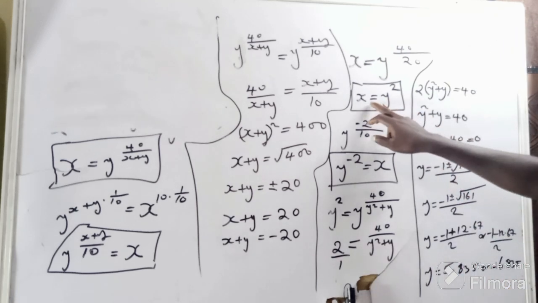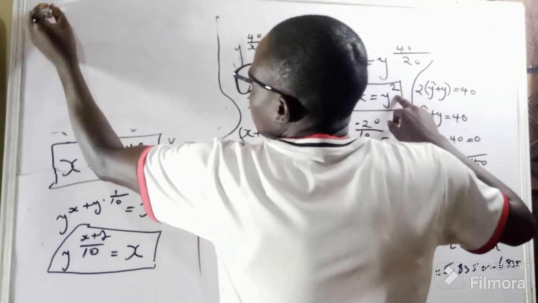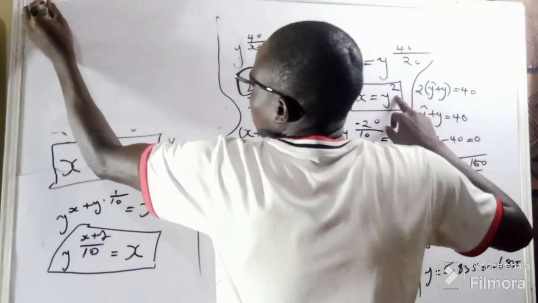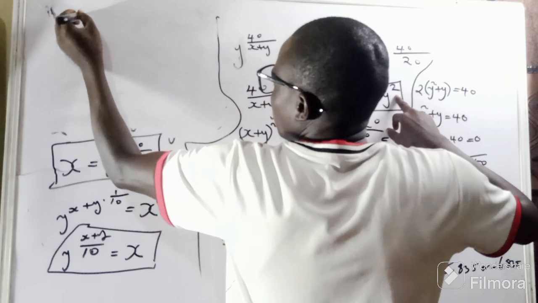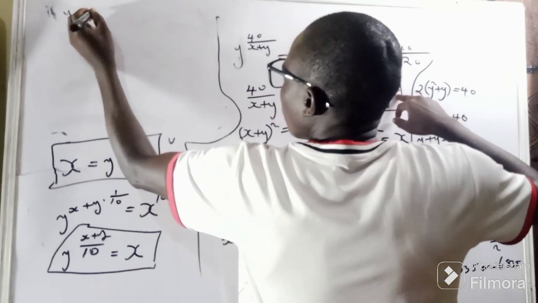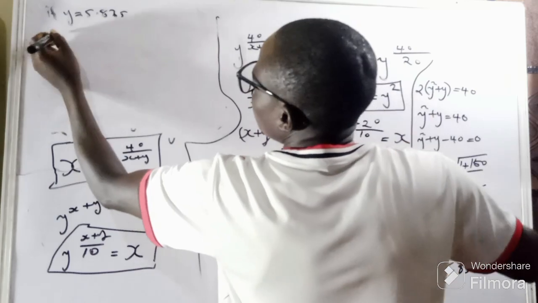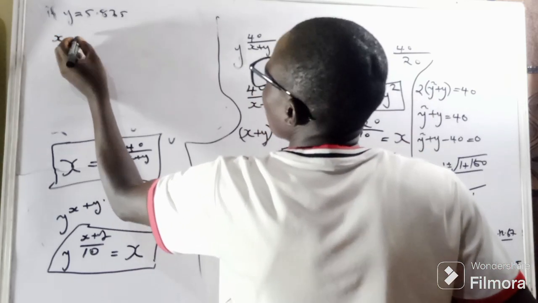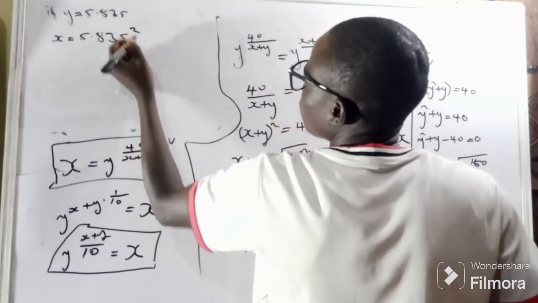Here we said that x is equal to y squared. So if y is equal to 5.835, x is equal to 5.835 squared.